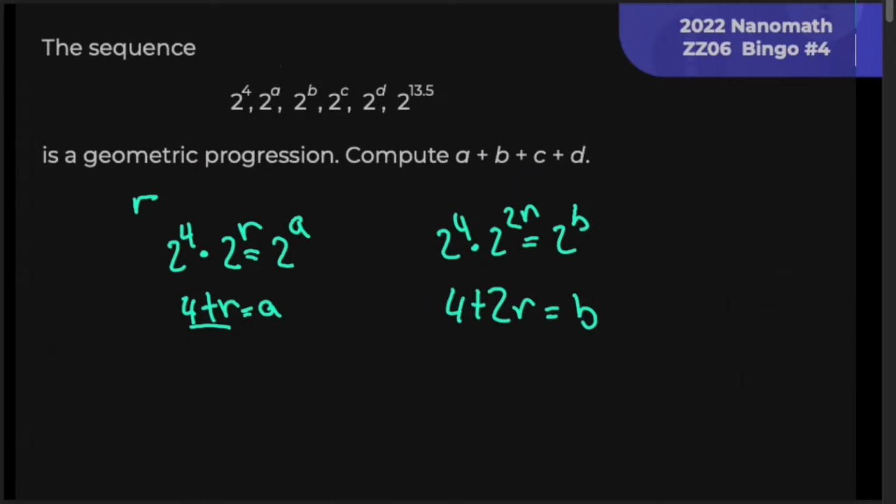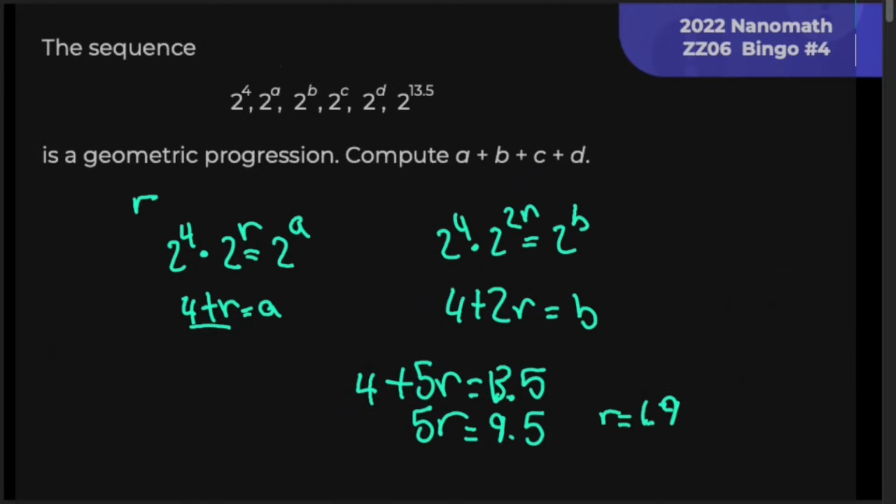And that would be correct because 1 is A, 2 is B, 3 is C, 4 is D, and then 5 is 13.5. So 4 plus 5r is equal to 13.5. Then this is pretty easy to solve because we get 5r is equal to 9.5 and r is equal to 1.9.